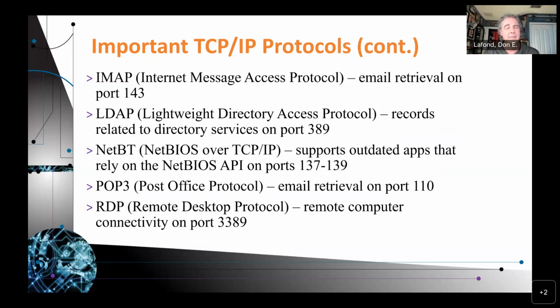IMAP, when you download email, it doesn't go away. It stays on the server. That's 143. LDAP, lightweight directory access protocol. It's dealing with directory services. That's on port 389. And RDP, remote desktop protocol, remote computer connectivity on 3389.